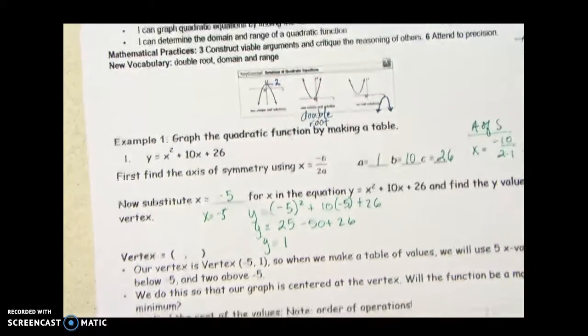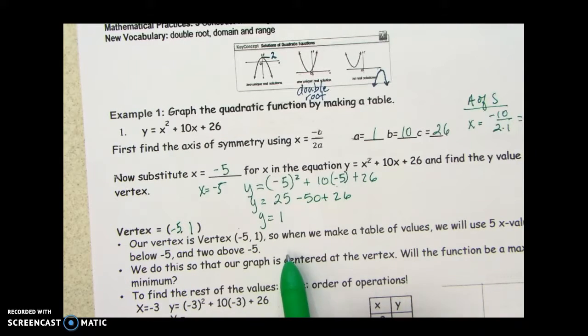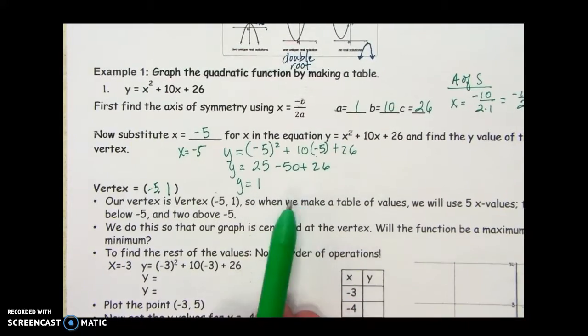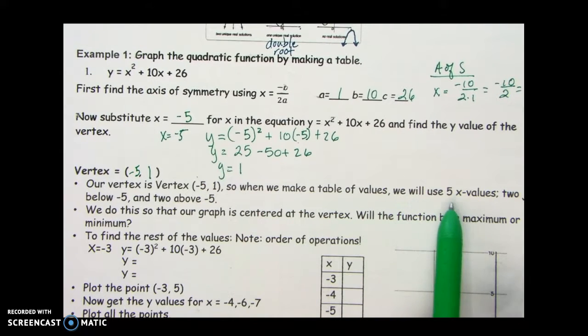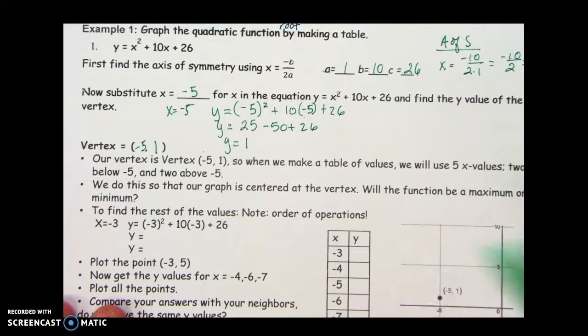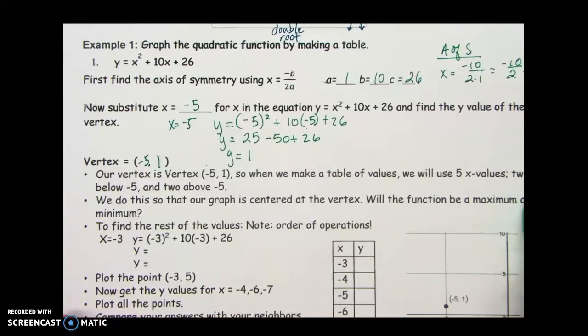So my vertex is -5 and 1. So now, knowing that, I've got this written out. When we make a table of values, we'll use 5 x values, which, what I mean by that is 5 spaces, okay? So 5 x values.